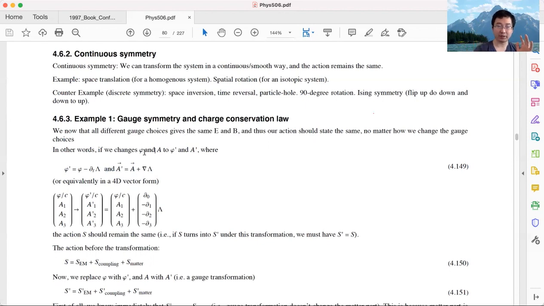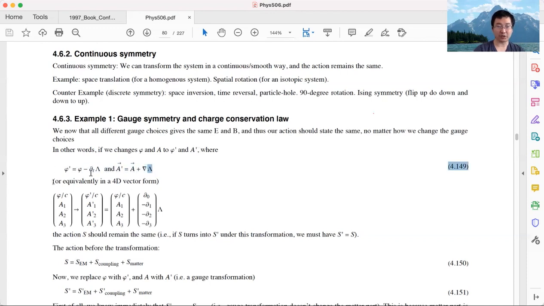Okay, I can use this to describe my E and B field, and if I add a time derivative of some function lambda and the spatial derivative of some function lambda to the scalar and vector potential, and get the new scalar and vector potential, this new scalar and new vector potential actually gives me exactly the same E and B. Okay, so we can use phi and A or phi prime and A prime. They describe the same physics.